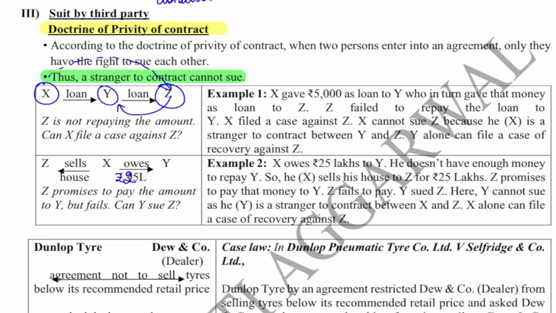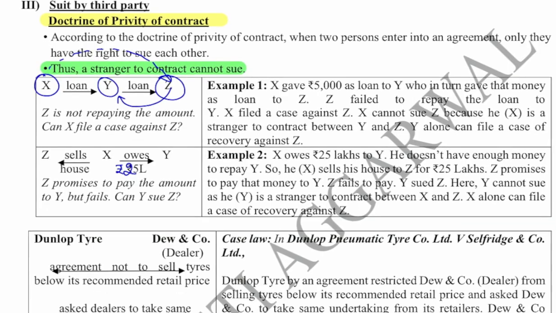No, Y cannot sue Z because he is a stranger to the contract between X and Z. If Z fails to pay the money to Y, X will file a case because there is a contract between X and Z. So X can sue, not Y.